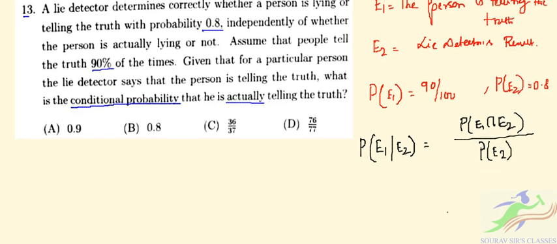So we can also write it in this form, P of E2 given E1 times P of E1 by probability of E2, right?